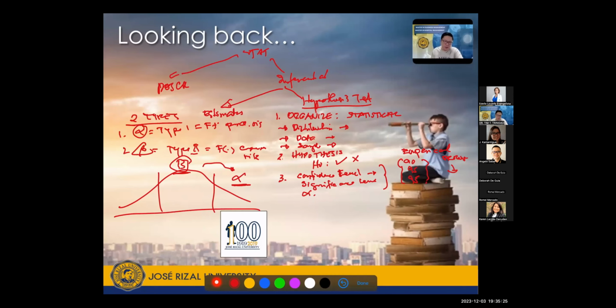No? So kunyari this is 90, 95, 99. So if you want to increase your beta error, what we're going to do? You also increase the value of your beta by increasing the confidence.